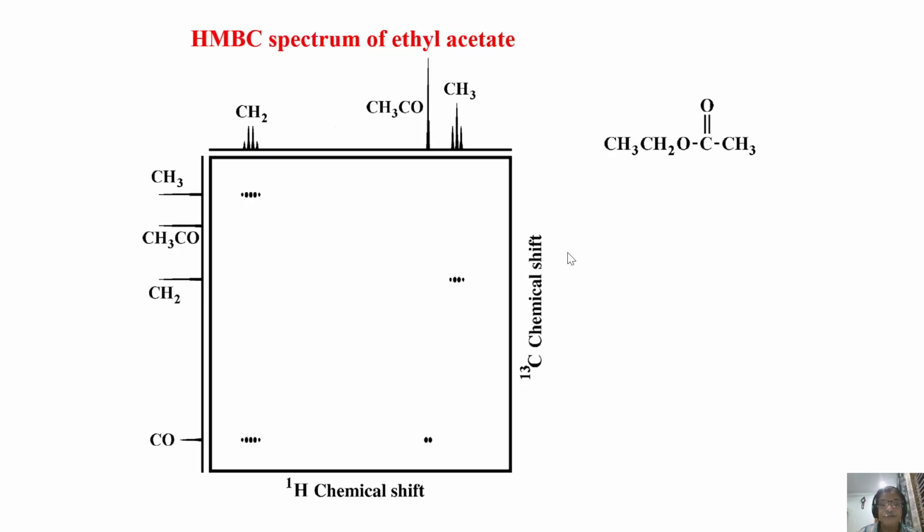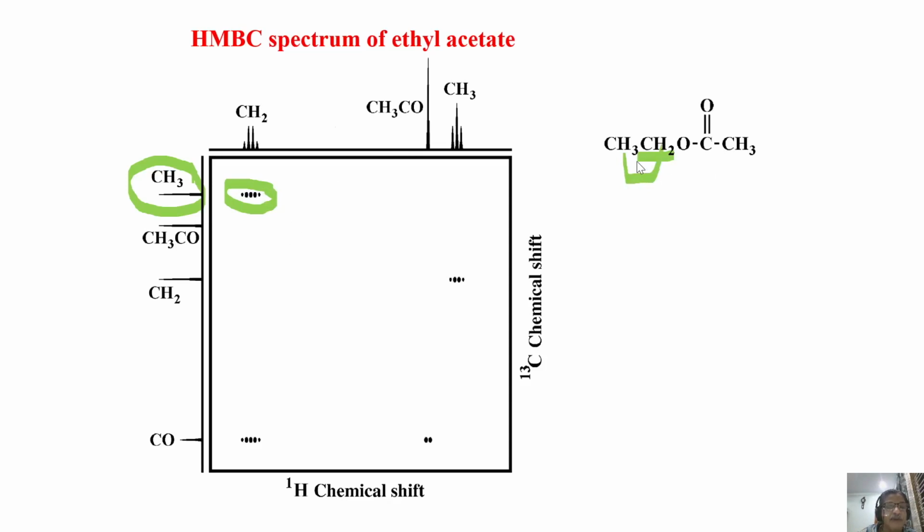Now, the same thing if you look at the HMBC, what happens? Interesting thing. At the site of CH3, you must see correlation to CH2 protons, long range correlation. That's what we see. But because of this coupling, what should you expect?